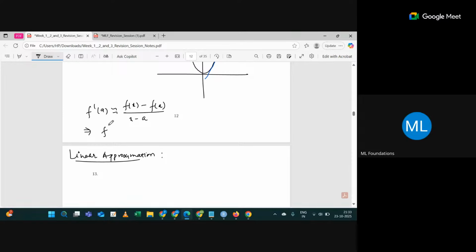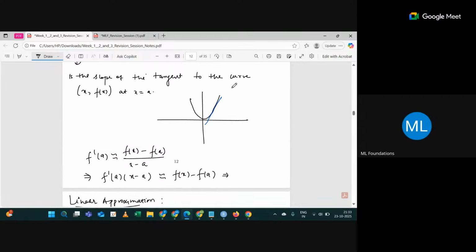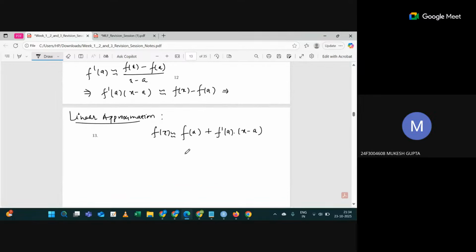I can write f dash a into x minus a is approximately equal to f of x minus f of a. Yes, sir. So if I want to approximate the curve, what does linear approximation do? f of x is approximately equal to f of a plus f dash a into x minus a. So this formula came from there. You can consider this as a linear approximation to this curve. Yes or no? Yes. So we can find the value of the function near a.